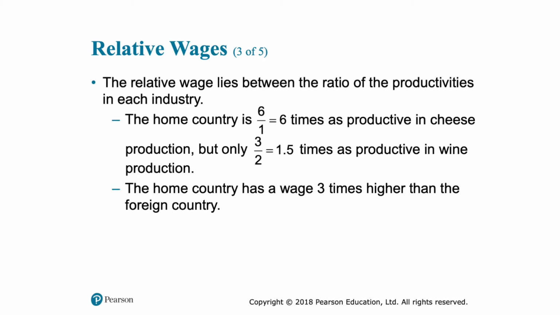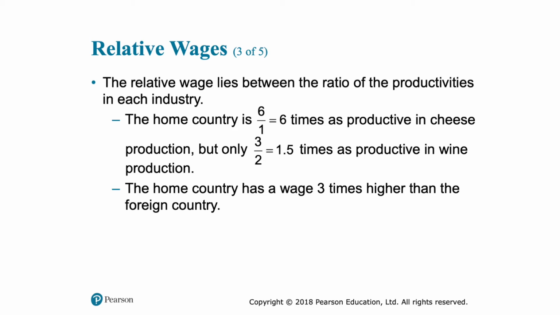Then I'll ask you about relative productivity, right? Relative productivity in Q1, for example. Relative productivity in home, right? Home produces Q1. So that is MPL1 over MPL1 star. MPL1 was 1, and what was MPL1 star?